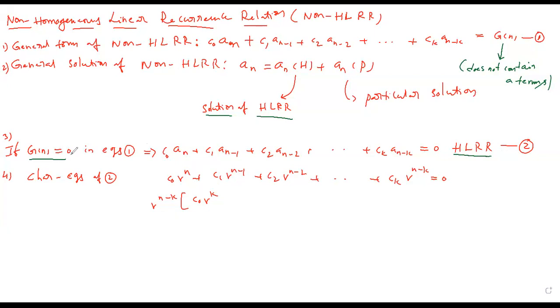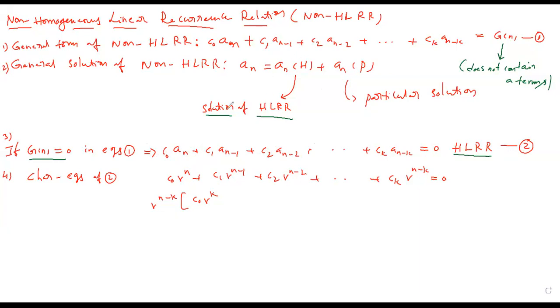That means in equation 1 I take G_n equals 0, and the remaining equation is c0 a_n plus c1 a_(n-1) plus c2 a_(n-2) plus and so on, plus ck a_(n-k) equals 0. Since G_n is 0, it is called a homogeneous linear recurrence relation. This is equation 2.